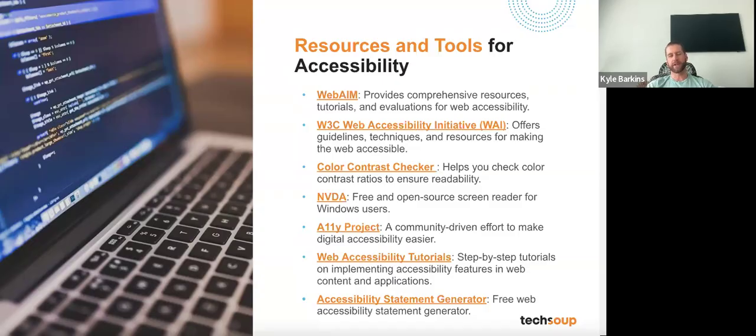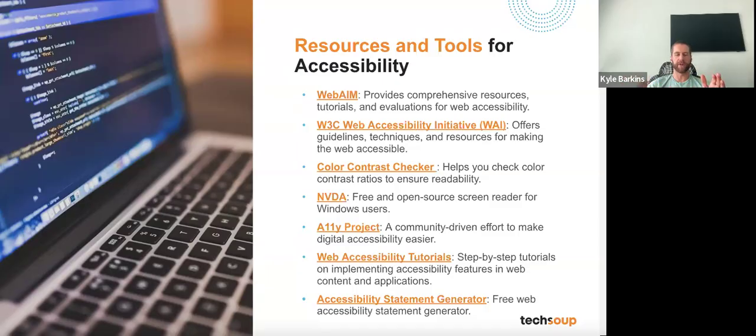The color contrast checker gives you what we just talked through, the ability to test color contrast between two colors. As you're designing things, make sure your designer has that. A lot of design systems like Figma and Adobe will actually include color contrast right in them, so your designer should be working with that as long as you set that standard. There's a screen reader, which is also helpful to test your site on.